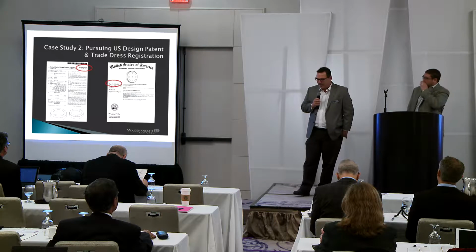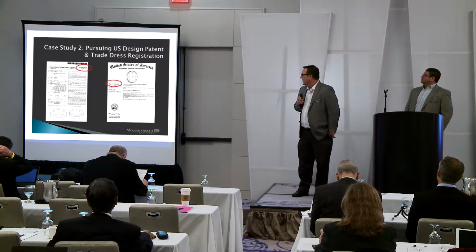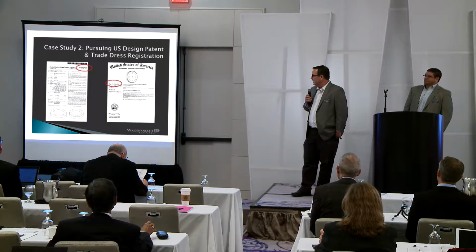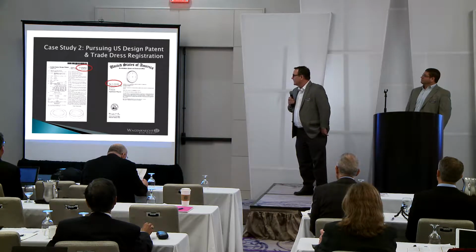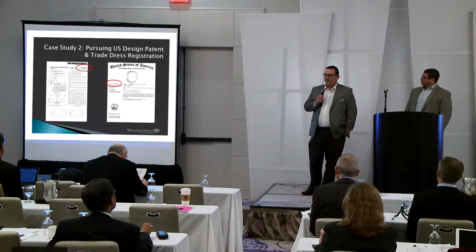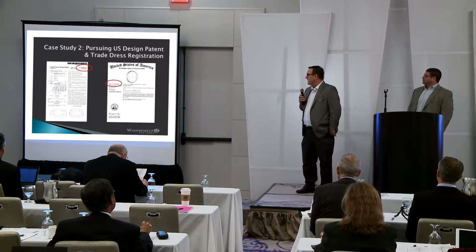So what we did is we decided to file for a trademark registration on the trade dress, or what the device looks like. Filing something like that is a bit tricky with the trademark office, because if you submit something that essentially looks like a button to them, they say this is entirely functional. But by pursuing the design patent first, we were able to counter a lot of the arguments with the trademark office to say that there actually is ornamentation to this device, and ultimately we were able to also get the trademark.